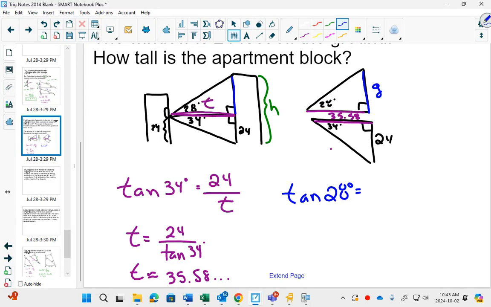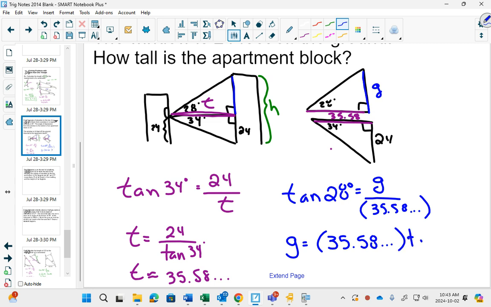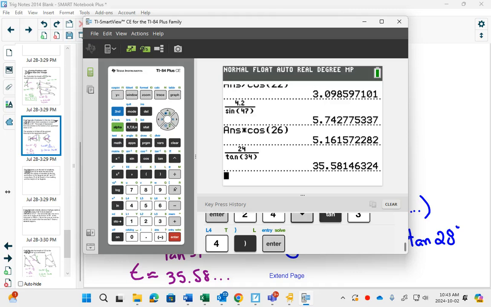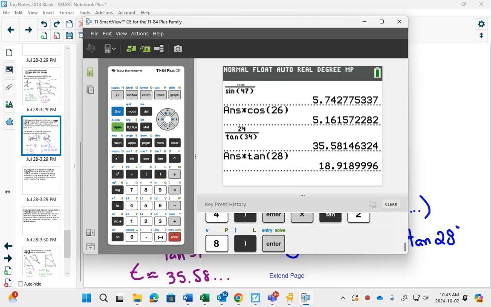Tan of 28 degrees, opposite is G. I can get G by itself by multiplying both sides by the 35.58. Since I have the 35.58 in my calculator, I can just hit the times button, times it by tan of 28, 18.918.